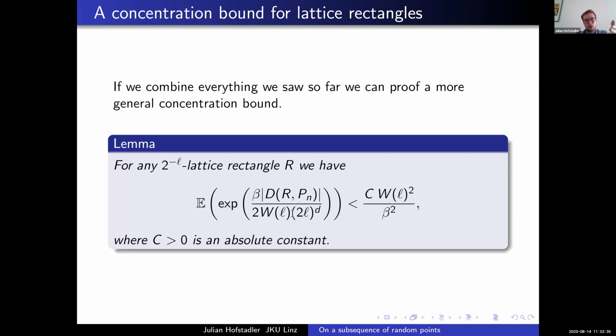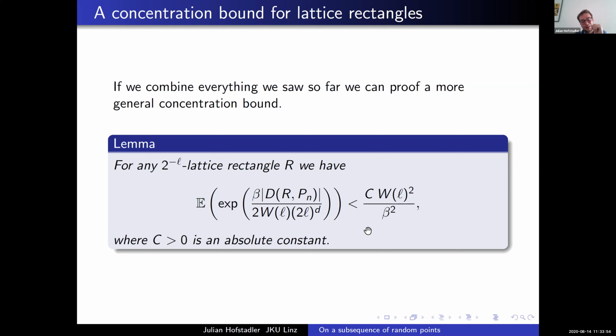And what we get, this comes from the previous result of lattice rectangles being written as dyadic rectangles, is this factor here. But we can bound this expectation again by an absolute constant.